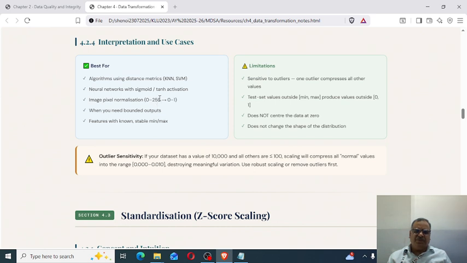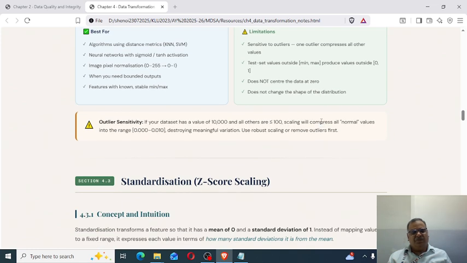But where it is affected is when the data is either skewed or has outliers, since the mean is affected by the outliers. So before doing this, we need to separate the outliers and find the mean, and then apply min-max scaling. Then the outliers are easily identifiable and removable.